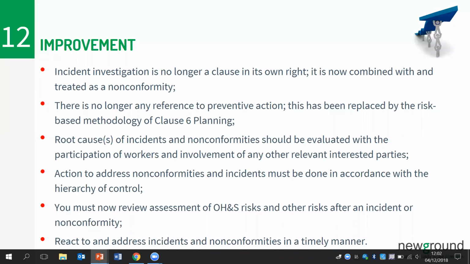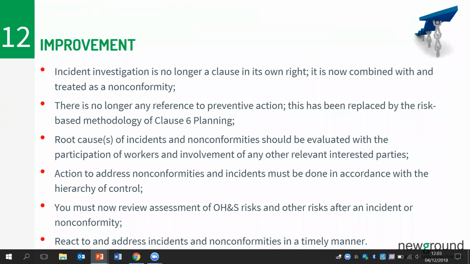It's been combined and wrapped up with non-conformity and corrective action. And as I pointed out earlier, there is now no longer any reference to preventive action, as this has now been replaced by the risk-based methodology of clause 6. So there is now no longer corrective preventive action, it's non-conformity and corrective action only.